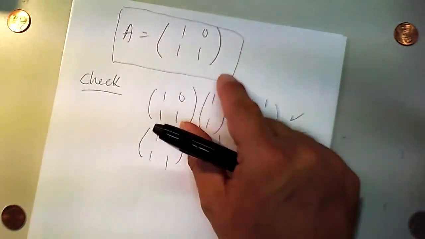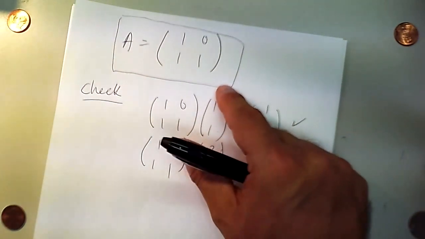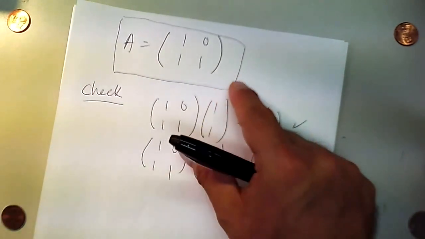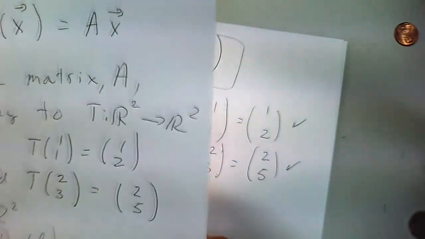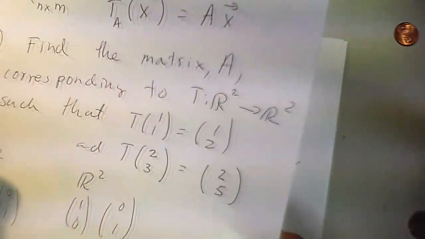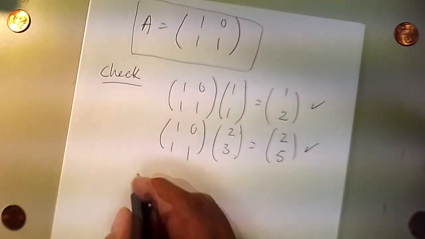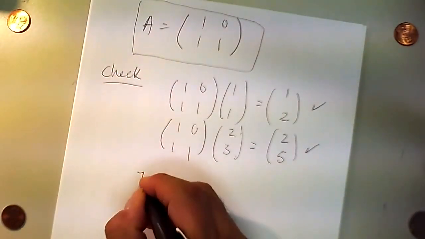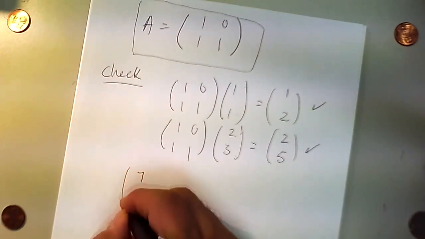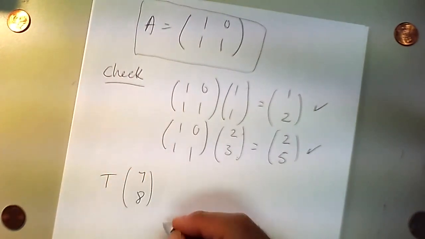Now, what do we gain with this? Oh, we gain tons of work, tons of things, tons of everything. If you give me any vector whatsoever, a random vector, (7, 8), and you want to find T of (7, 8).